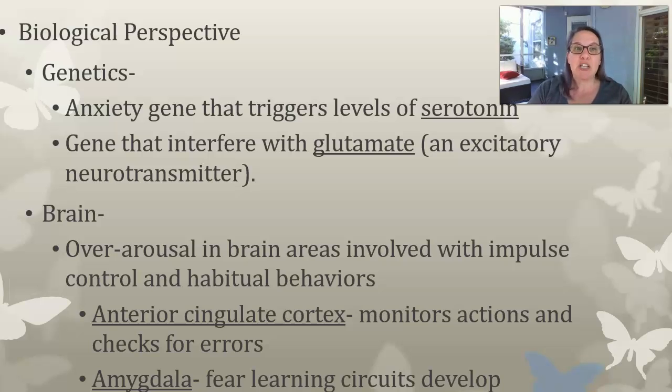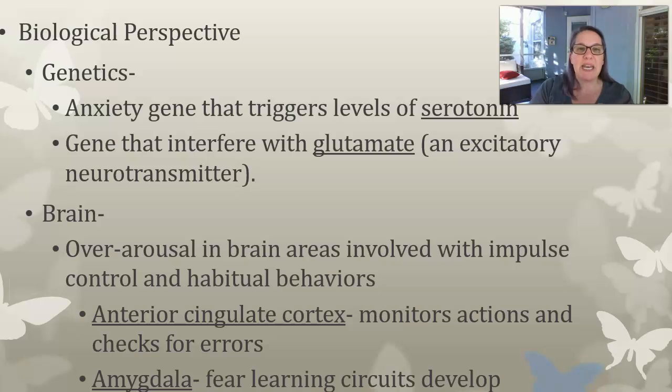All right, the biological perspective would say that anxiety disorders could be genetic. They are working on this anxiety gene that triggers the levels of serotonin. So remember, back to biology, serotonin is our happy neurotransmitter. Okay.